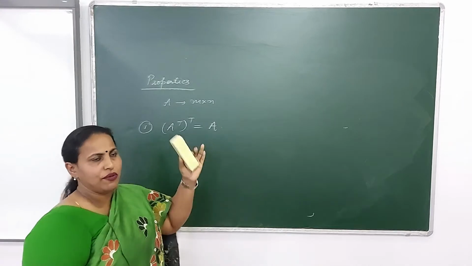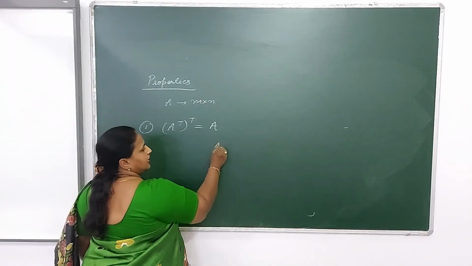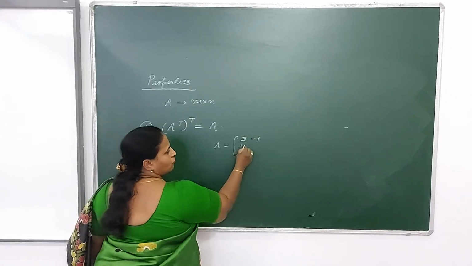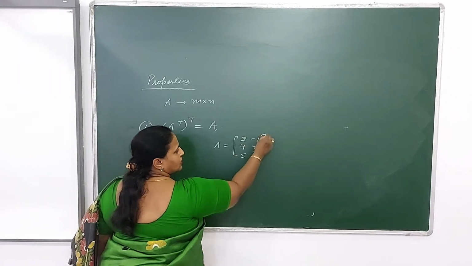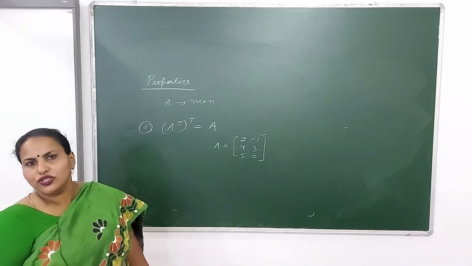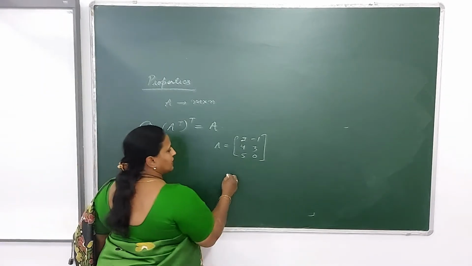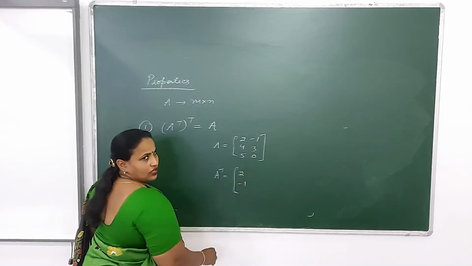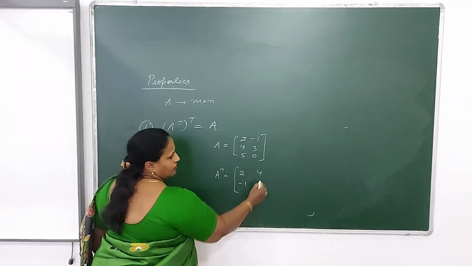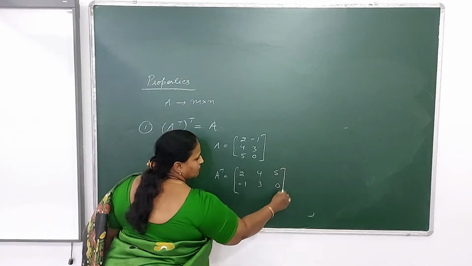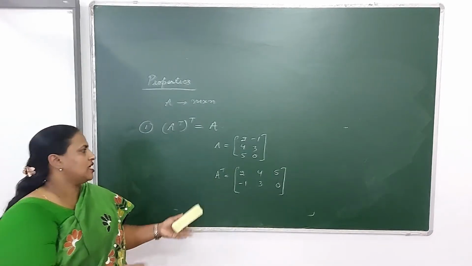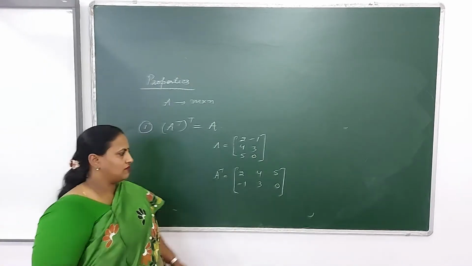Let us take an example for this. Let A be 2 minus 1 4 3 5 0. This is a matrix of order 3 by 2. Now when you take the transpose of this, you will get 2 minus 1 4 3 5 0. Rows have been changed to columns, or you can say columns have been changed to rows.